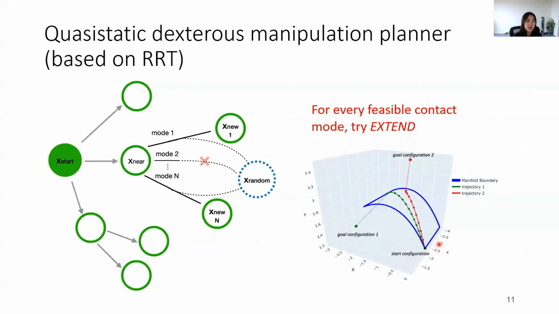And integrating them into an RRT is pretty easy. So basically, for a randomly sampled configuration, we find its Q near, X near, and for every X near, we enumerate the contact modes, and for every feasible contact mode, we try to extend to the X random, which is just the contact mode guided numerical integration process.